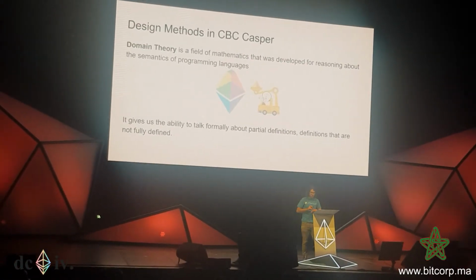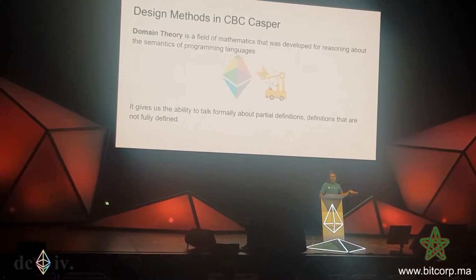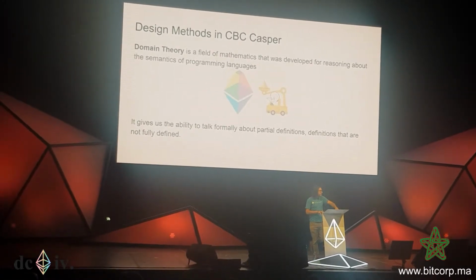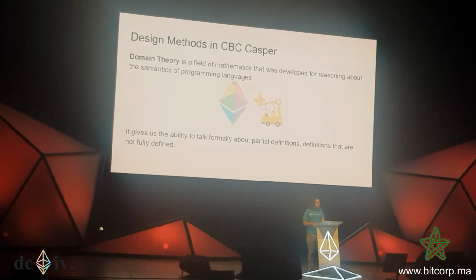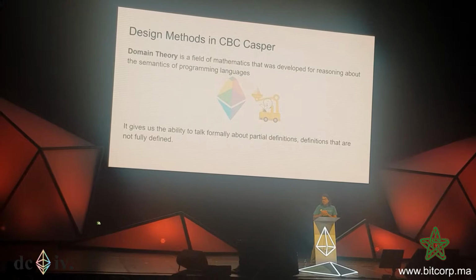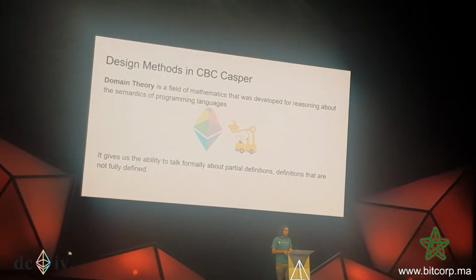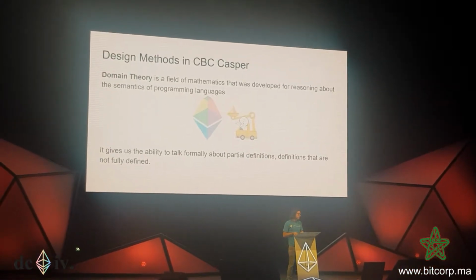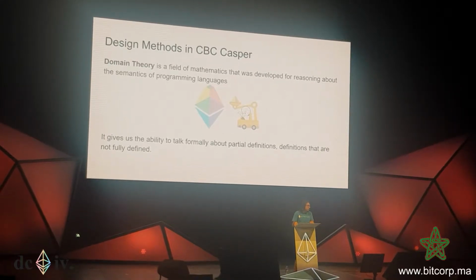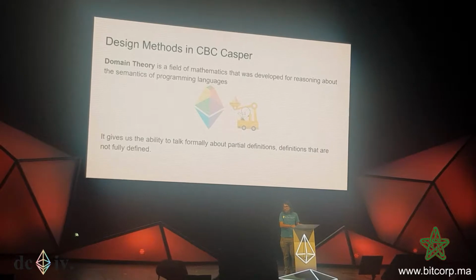Now we're going to switch over to a very related topic, but going off into the math deep end. Domain theory is a field of mathematics that studies the semantics of programming languages. The reason it's so interesting to me, and so useful for understanding the correct-by-construction process, is that it provides a language for talking about partial definitions, incomplete definitions, and partial protocol specifications.